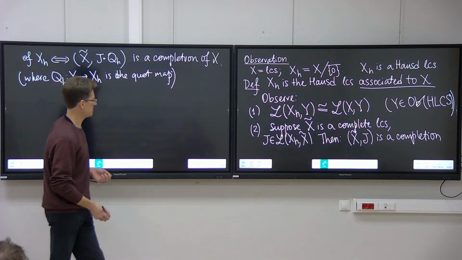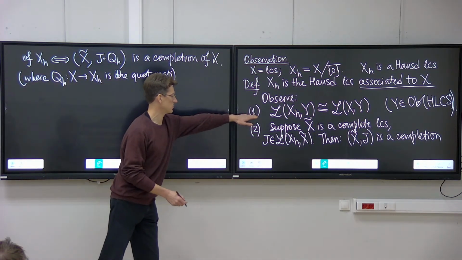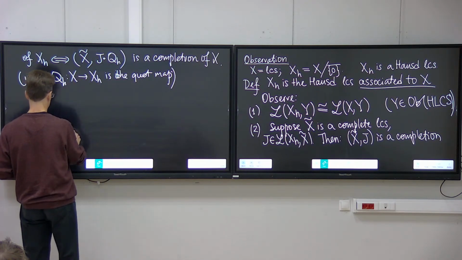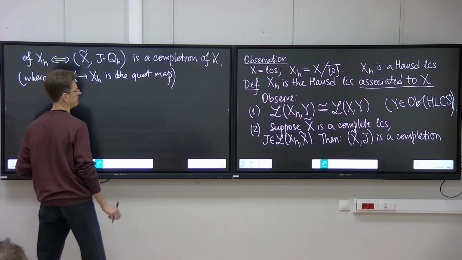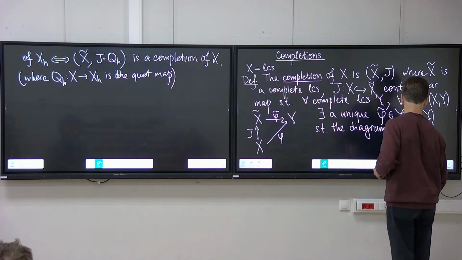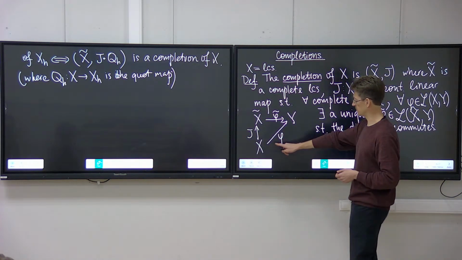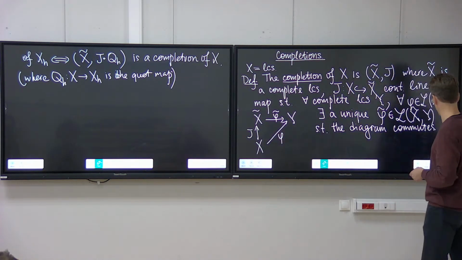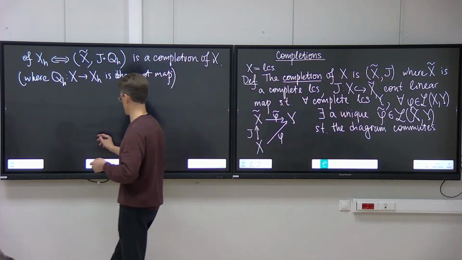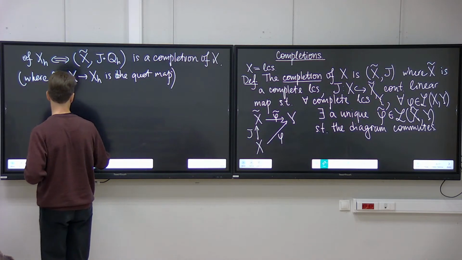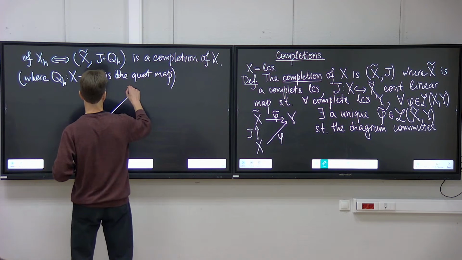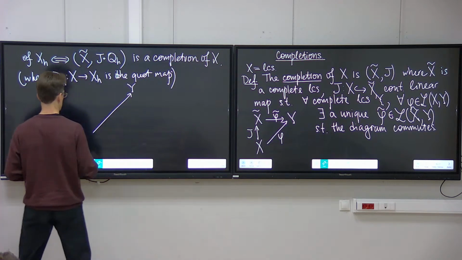Well, this follows from the definition and from observation 1. So indeed, let's look at our diagram. For example, if you want to prove that X tilde is a completion of X by using this definition, we simply take an arbitrary continuous linear map from X to Y, where Y is a complete locally convex space.